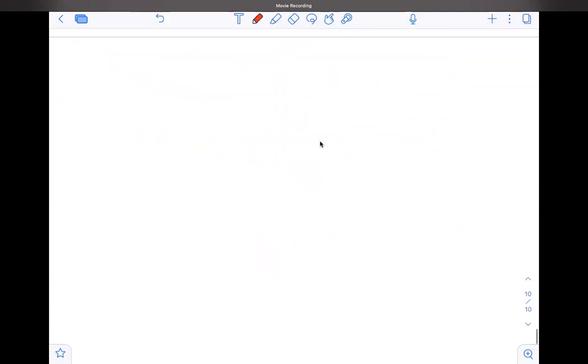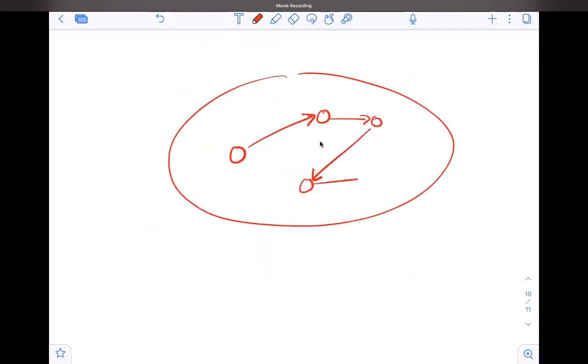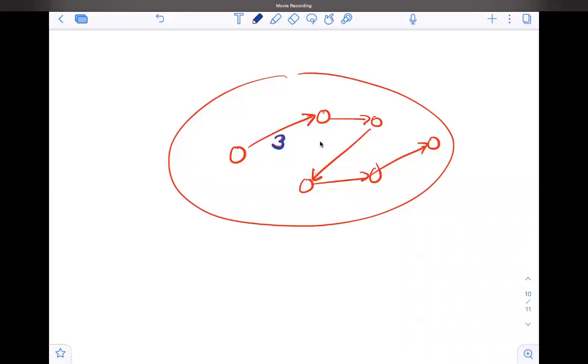In some sense, what I mean to say is that if I have a graph like this, and say the edge weights are 3, 2, 1, 1, or say 2, look at this cut.